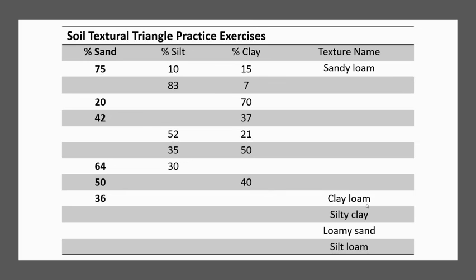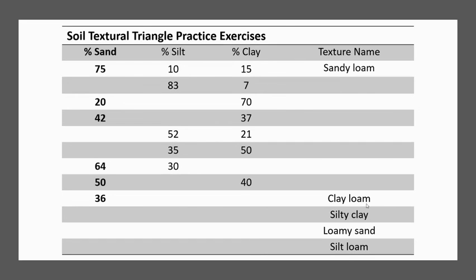For the bottom few, you'll see that there's 2 or more things missing. And so you want to look on the soil triangle and try to figure out what those numbers could be. Now, there's not necessarily right or wrong numbers for the things at the bottom, they're ranges. But what you can do is copy this down, pause the video, work on these, and then come back and check your answers.